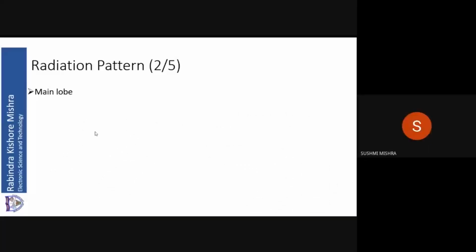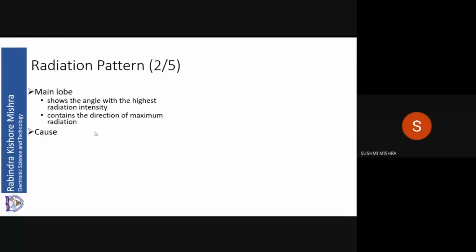Now let us look at what the main lobe is and how I get it. The main lobe shows the angle in which you get the highest radiation intensity. It contains the direction of maximum radiation.